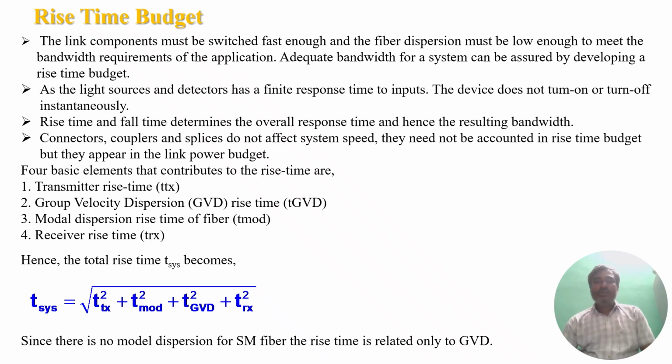These rise times are taken into account while calculating the overall system rise time. So T system equals root of T transmitter squared plus modal dispersion rise time squared plus group velocity dispersion rise time squared plus receiver rise time squared.